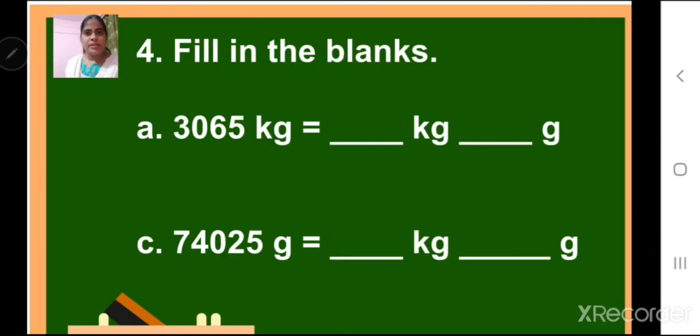Children, now question number 4, fill in the blanks. Children, this question you will write the answer directly in the textbook. Okay. Now A1 is 3065 kg is equal to dash kg and dash gram. Now children, these questions we are going to solve orally. Okay, and how can we solve orally here?